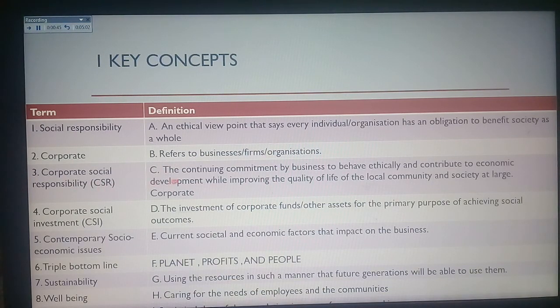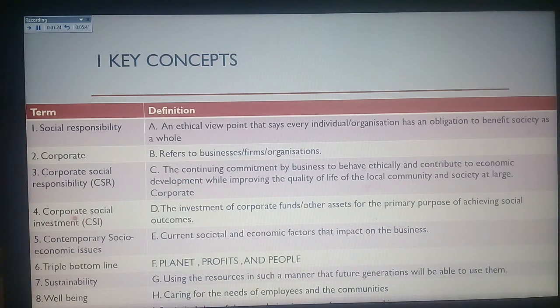Corporate social responsibility is a continuous commitment by the business to behave in an ethical manner, very important, and also contribute to economic development while improving the quality of life in society at large. One thing we should always remember is that corporate is obligated to the business, which means the business is compelled by law to act in an ethical manner and also contribute to the development of the quality of life in the society.